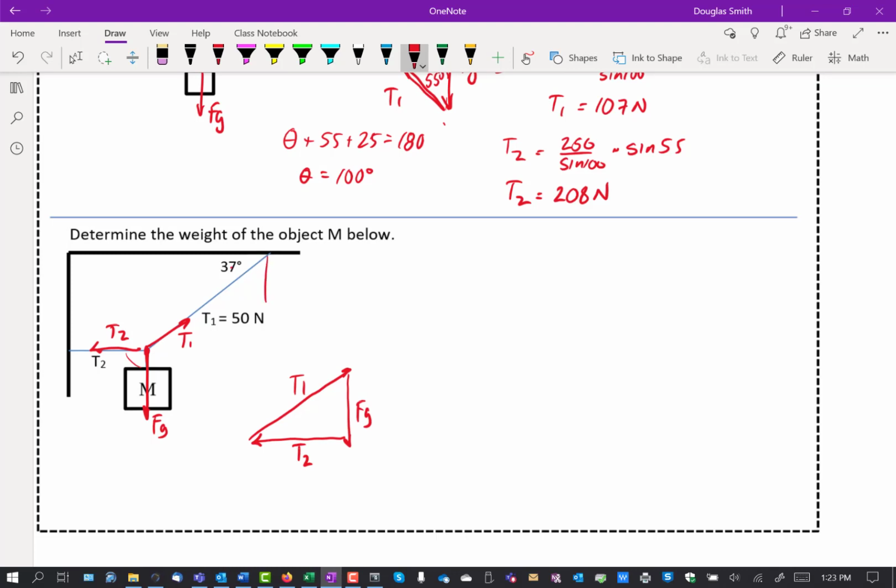So if this is 37 degrees, this must be 53 degrees. This is 90 degrees, and so this one's 37, yeah. And we know T1, and we're looking for Fg. So we want to get Fg is T1 cos 53.